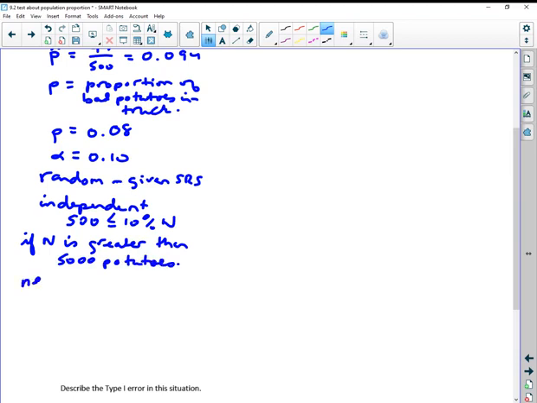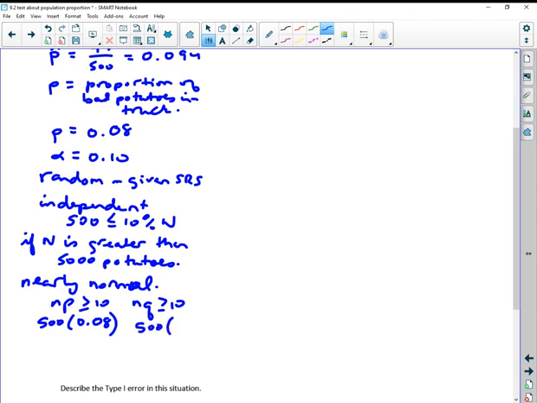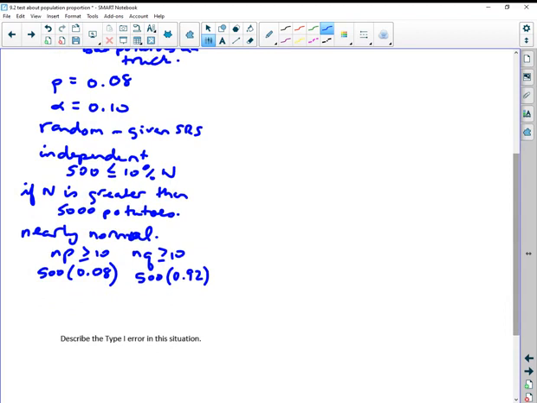Okay, is it nearly normal? N times p has to be greater than or equal to 10, N times q greater than or equal to 10. As I check, I'm using my population values here, not the hats. If I see that my 0.08 is going to fulfill it, then of course the 0.92 will.